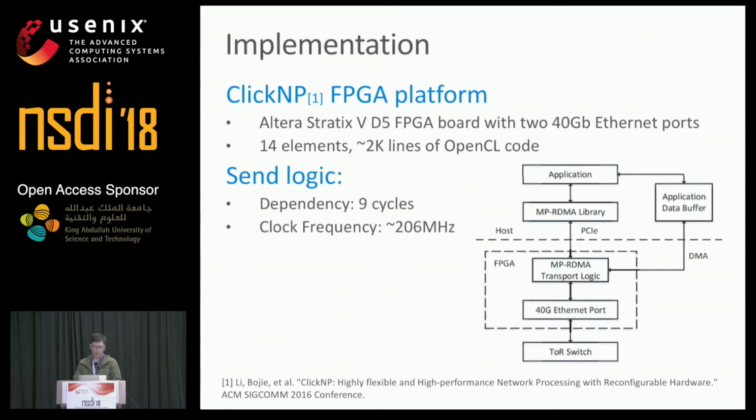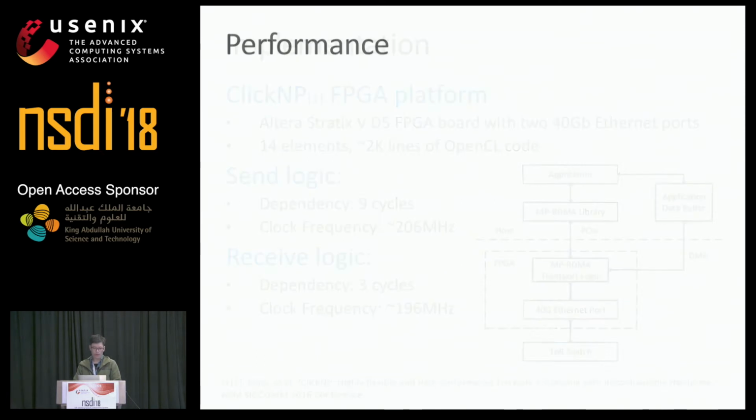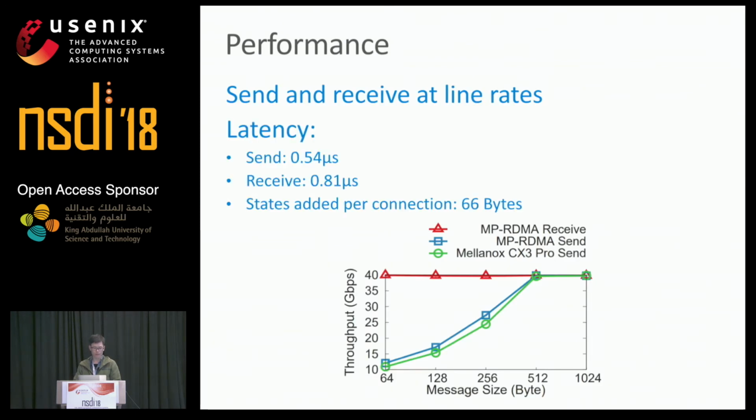In our implementation, our sender logic can achieve a clock frequency of about 200 MHz. And the receive logic also can achieve very high performance. This prototype can send and receive at line rate, and the latency is quite low: the send and receive logic latency is all below 1 microsecond.